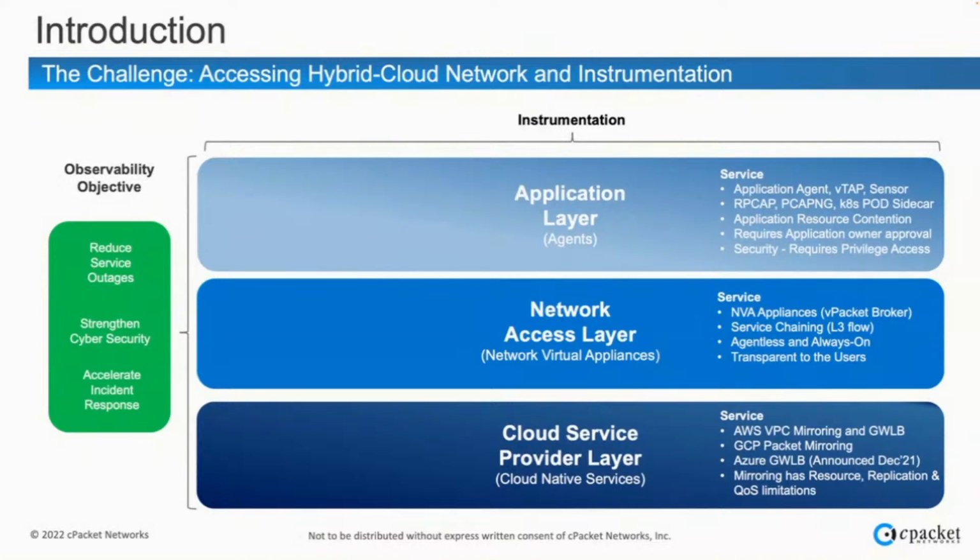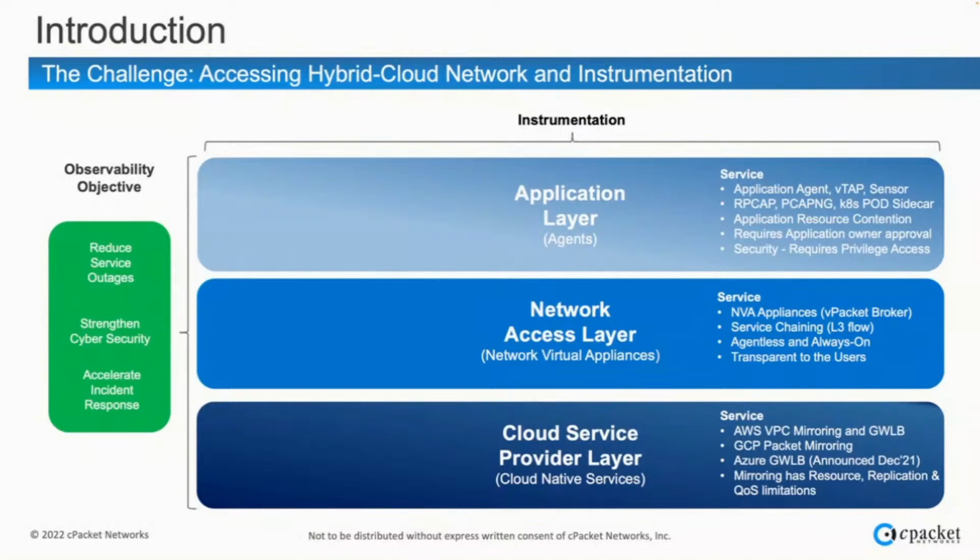The bottom layer there is the cloud native services being provided by AWS and Azure. These are the ones that are being added to all the time. So you can see there that AWS, the VPC mirroring has been around for quite some time now, and Gateway Load Balancer is being added to, and in the last couple of quarters, the mirroring to Gateway Load Balancer as well. Google's GCP or Google Cloud, I think it's called now, but there's packet mirroring that's been around for a while.